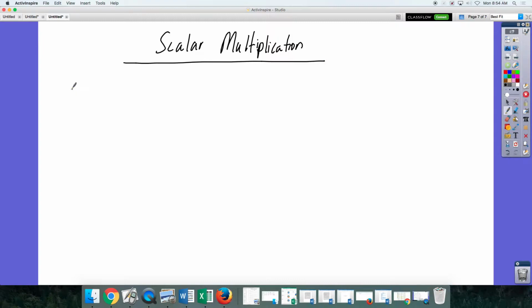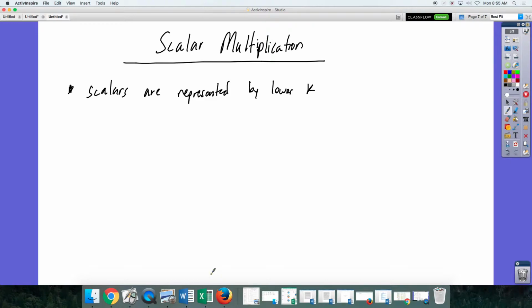So all scalar multiplication. Now, scalars are represented by the letter lowercase k for whatever reason. Okay? So lowercase k is what's going to represent a scalar. And that doesn't really matter because technically they can give it a multitude of different things.